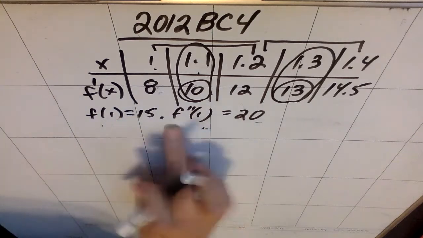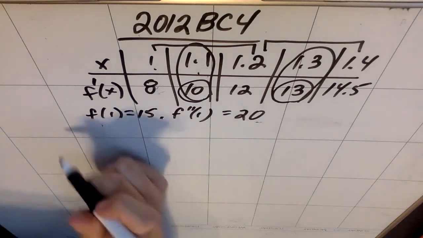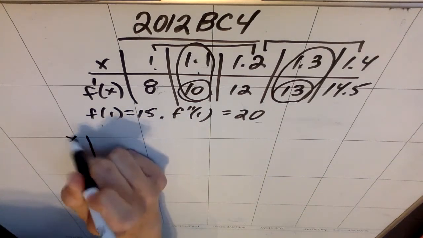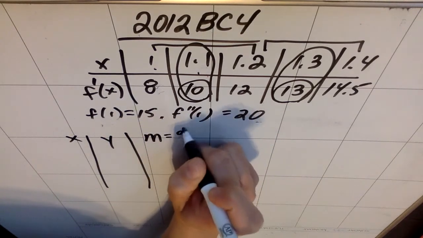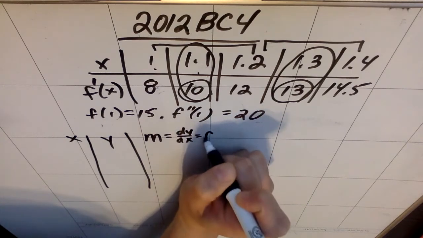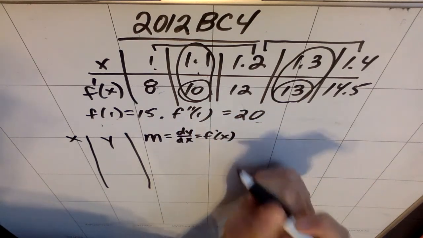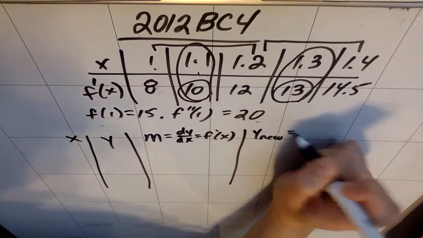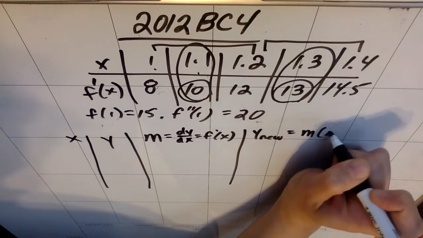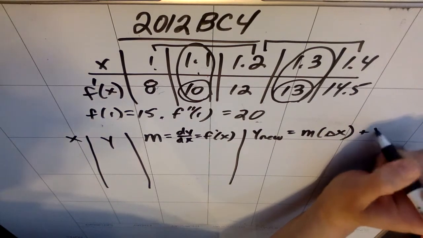So remember, Euler's method is actually essentially point slope, right? The way Euler's method works is that we have some x and we have some y, and we can find the slope by using either dy/dx, or in this case, f prime of x at a particular point. And then the way we find the new y is we do the slope times the change in x plus the old y.